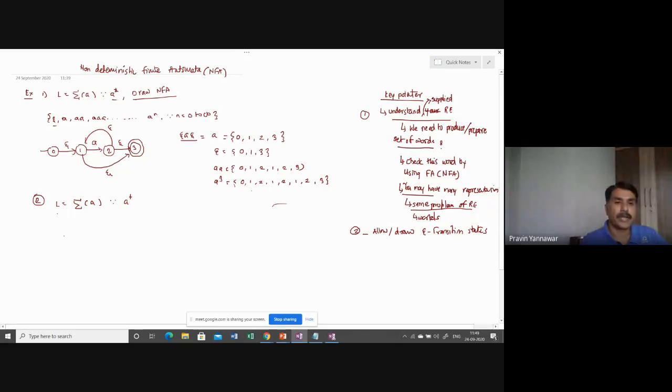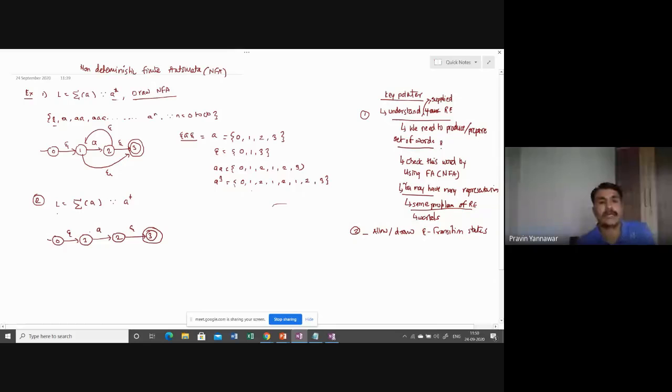So here I'm going to draw the structure on the same ground as that of the A star. So this is 1, this is 2, and this is 3. This is epsilon, this is A, this is epsilon. And this is going to be my accepting state.